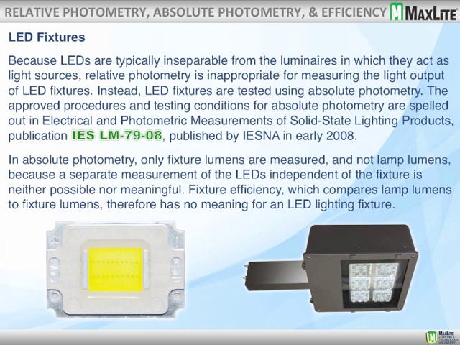Fixture efficacy, which compares lamp lumens to fixture lumens, therefore has no meaning for an LED lighting fixture. So, a quick recap there. All of us need to have a valid comparison of an LED fixture to a non-LED fixture.